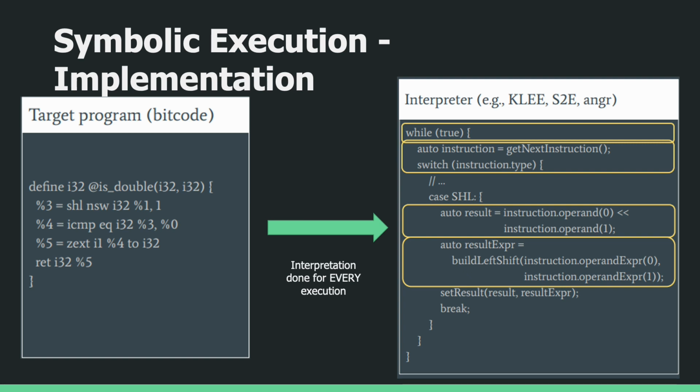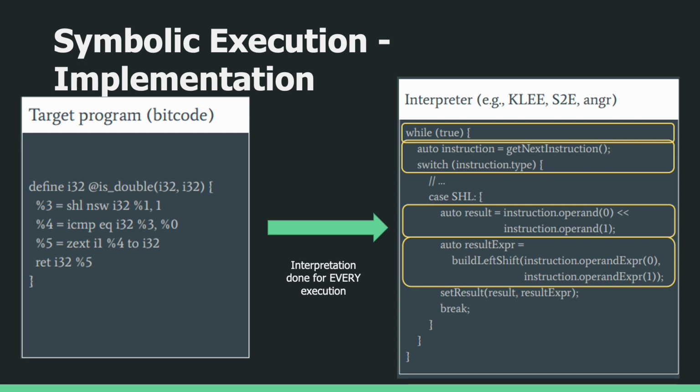So now let's get to the first part, which is running the program under test under a symbolic executor. The traditional, standard way of doing symbolic execution is that we have a target program, which is bitcode or machine code, whatever.